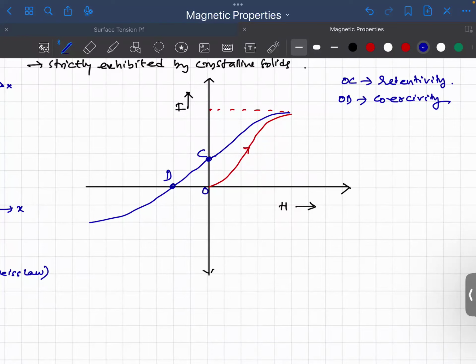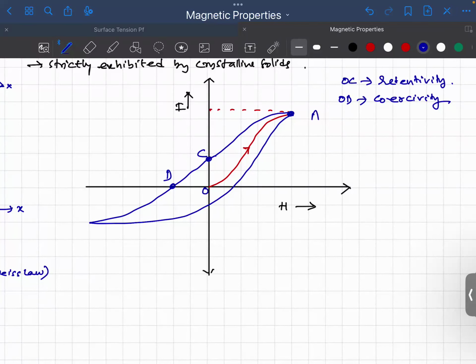So that is the magnitude of the magnetizing field required to permanently demagnetize the material. And again, you keep on increasing in that direction. You will reach some stage like this again, in that direction. Right. Again, you follow the same path. This loop is called the hysteresis loop. So the significance in the hysteresis loop is OC, OD, retentivity, coercivity.